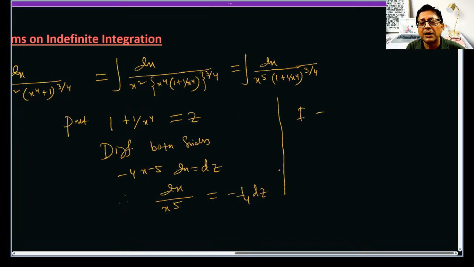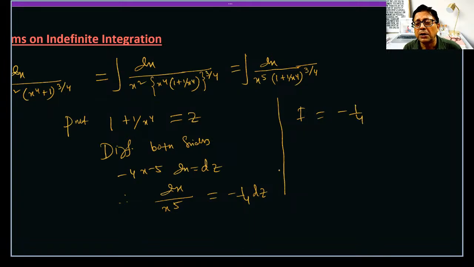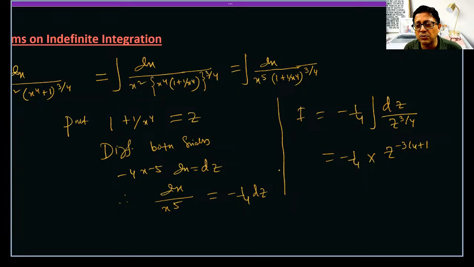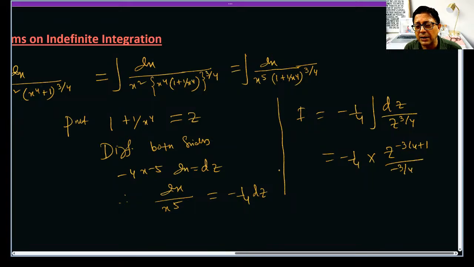Integrand I equal to minus 1 by 4 dz by z to the power 3 by 4. This will be z to the power minus 3 by 4 plus 1 by this plus c.